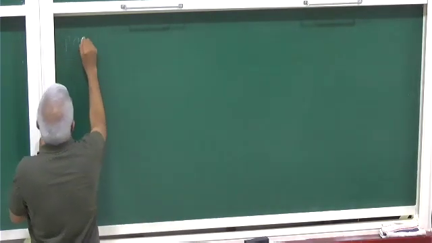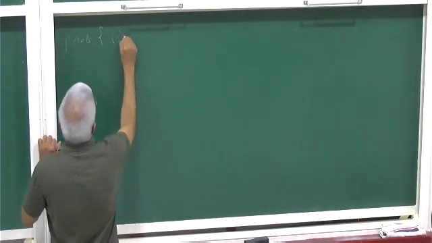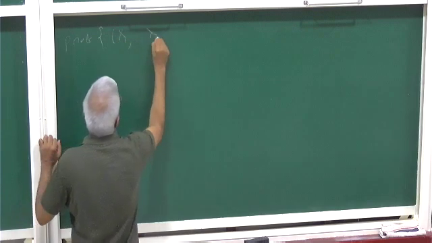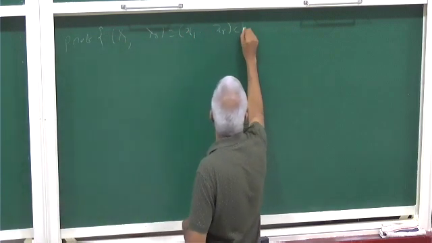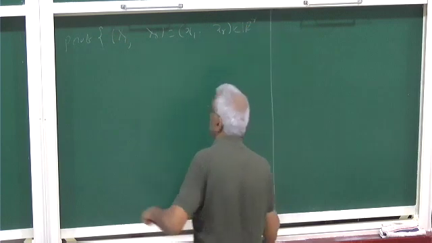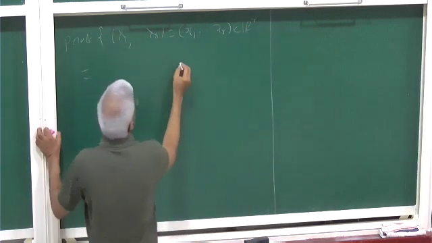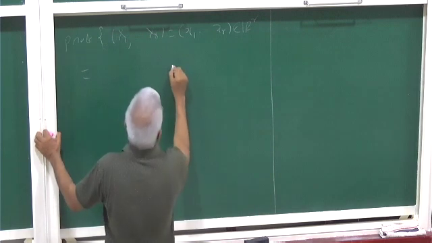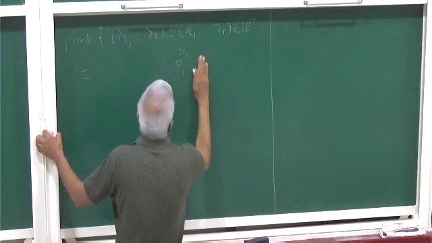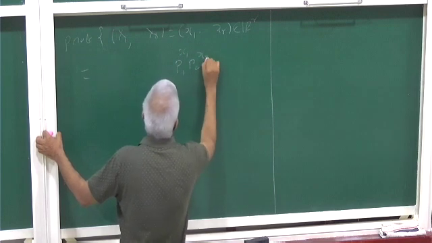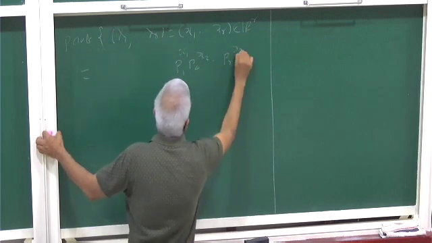Now I write the probability that the random vector X1 up to Xr equals small x1 up to xr, a vector in R^r. That should be p1 power x1, p2 power x2, up to pr power xr.